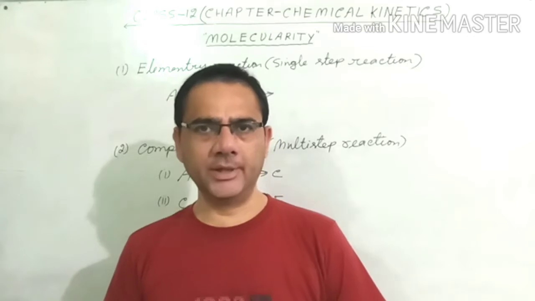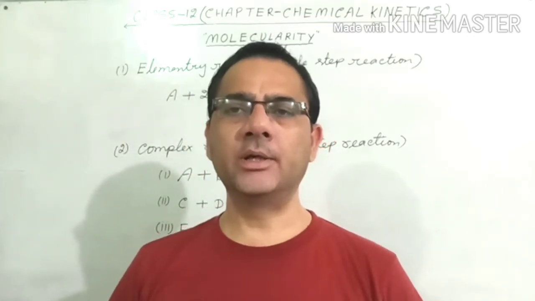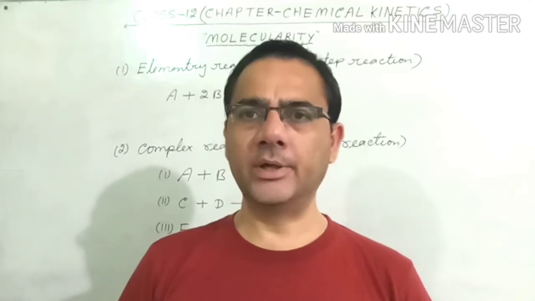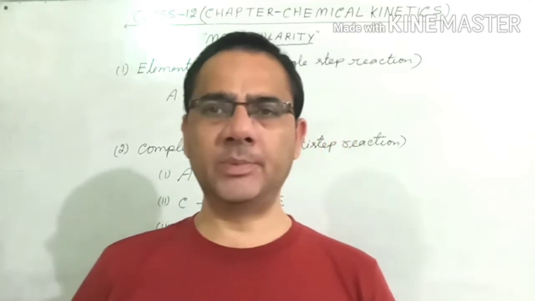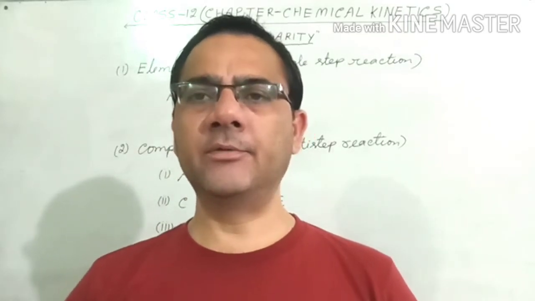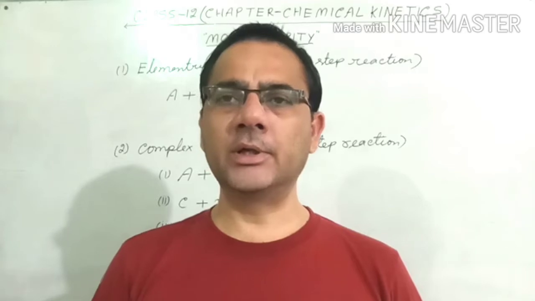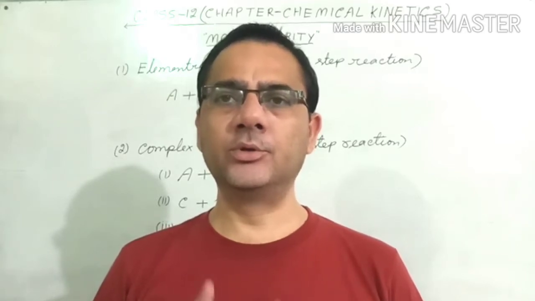The next topic is molecularity. We will try to understand the meaning of molecularity. But before explaining anything about molecularity, first we revise the definition of the order of reaction. I told you two definitions.